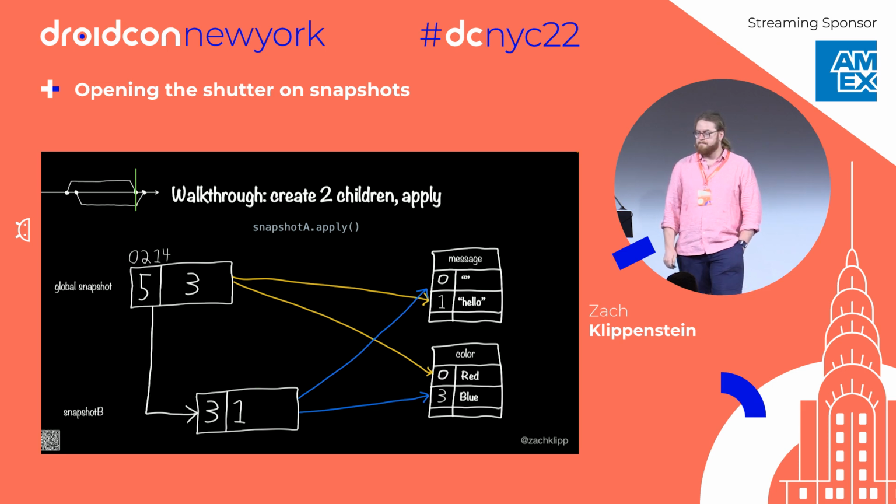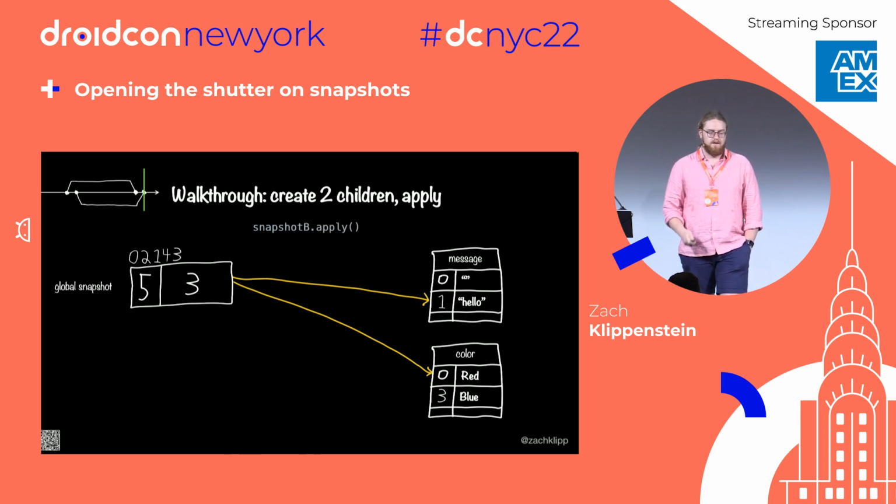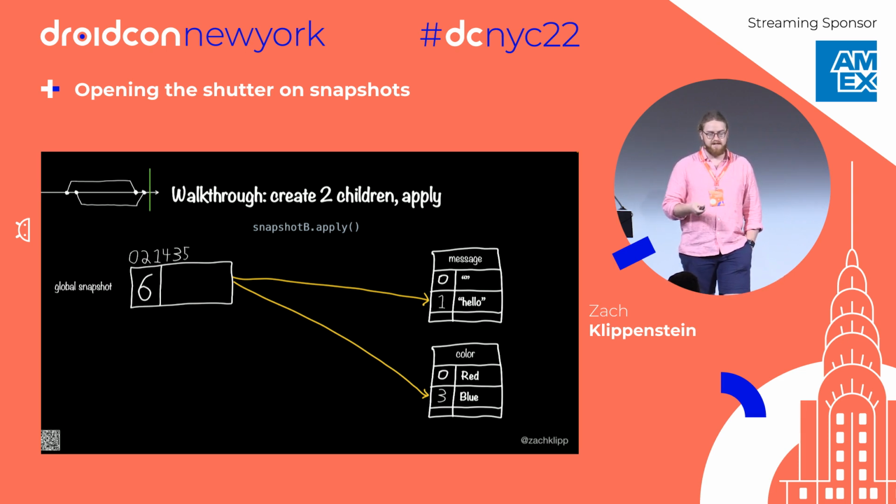And then we have to advance the parent. Now 5 is greater than 3, but it still won't see any writes from snapshot B because 3 is in the invalid set. So now let's apply B. We do the same set of steps: move the ID into the parent's history, remove the ID from the invalid set, so now the global snapshot will see the writes that snapshot B did. In this case, it's color. And then we advance the parent.